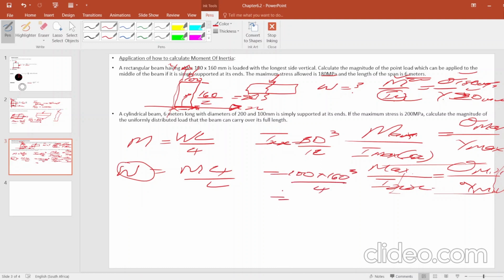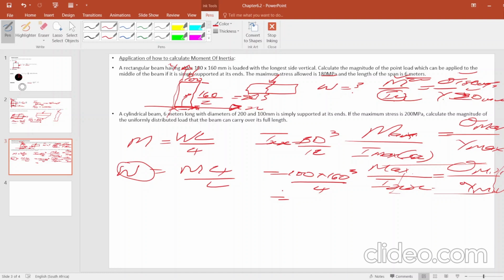Now, always convert your values to meters. I'm just showing you in working them out in calculating.